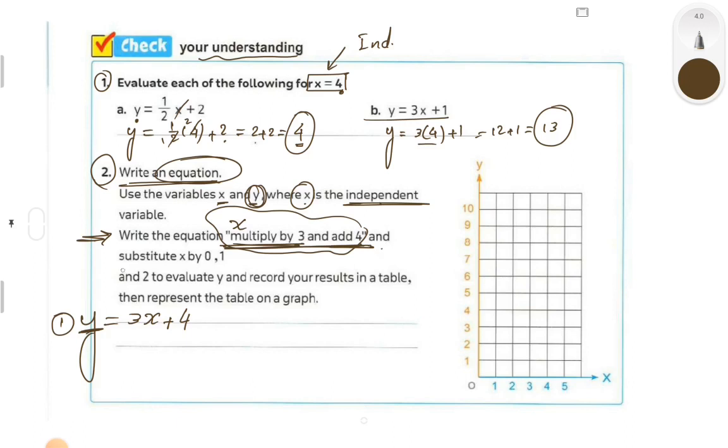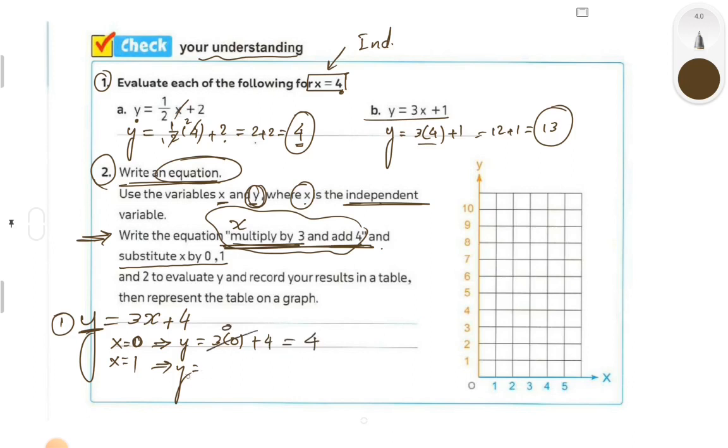After that, substitute x by 0 and 1. You need to find y if x equals 0 and if x equals 1. If x equals 0, then y equals 3 times 0 plus 4. 3 times 0 equals 0, and 0 plus 4 equals 4.